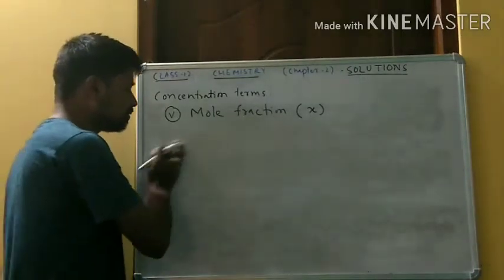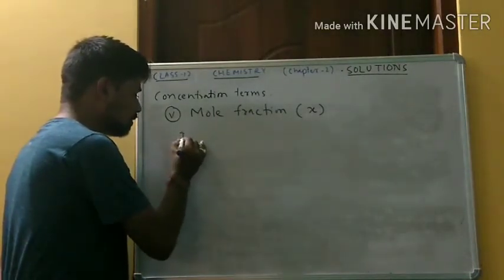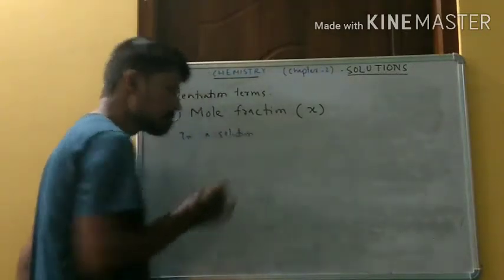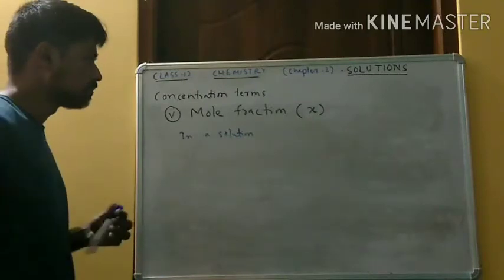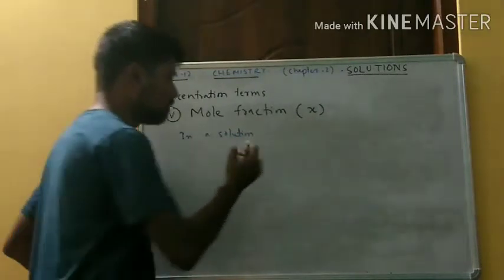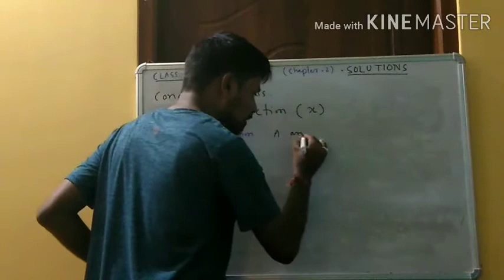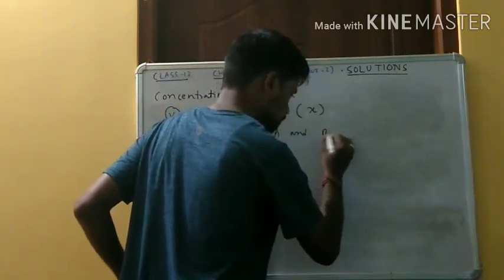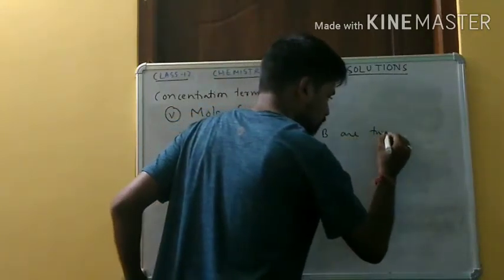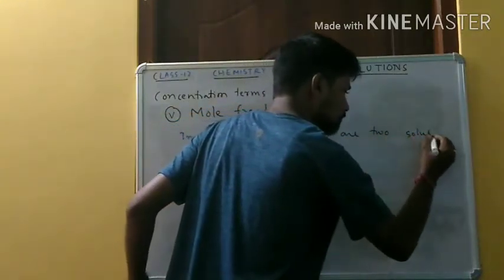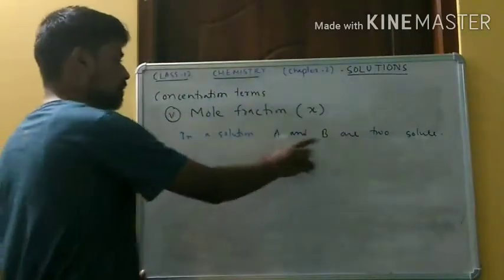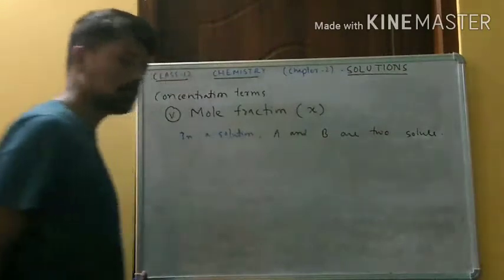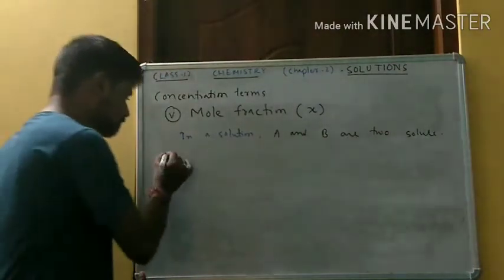Let in a solution, A and B be two solutes. That is, A and B are two solutes present in a solution.